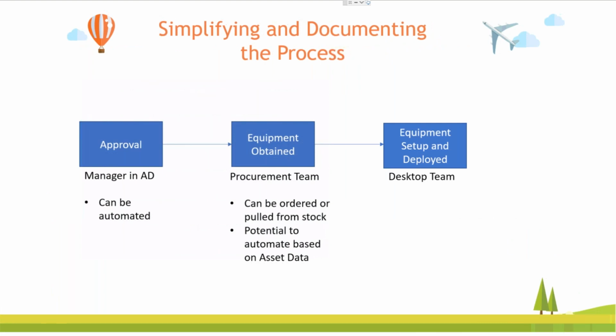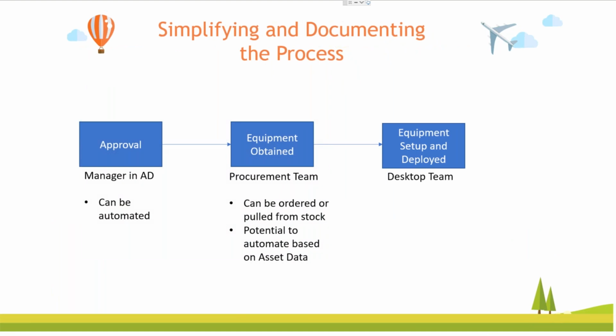And what you're going to hopefully produce once you've answered all those questions for your process is some kind of simple flow of tasks, of information through the steps here. So here we've got our approval, and we want that to be done by the manager, using the line manager from Active Directory.